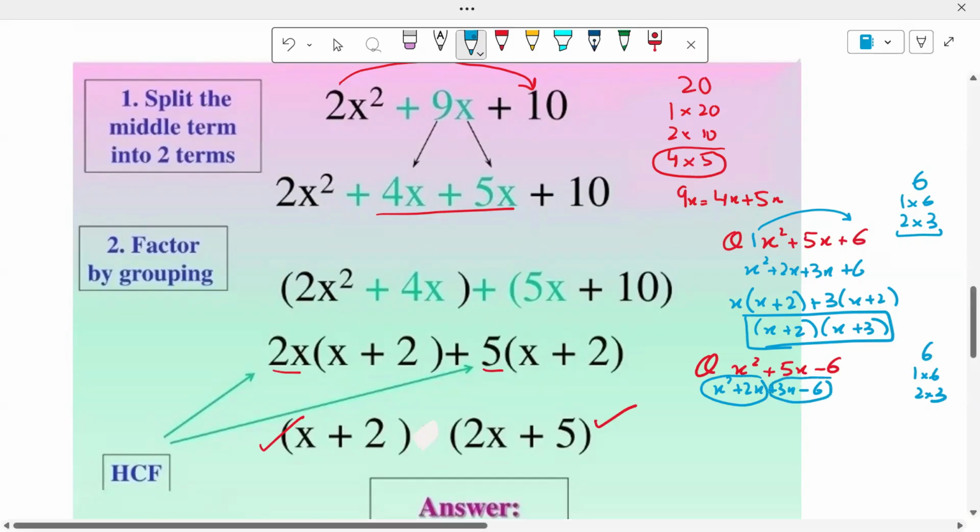So eventually we will not have the same brackets as in the previous example. So it means the selection of this is incorrect. We should select this one. So we can take x square plus 6x minus 1x minus 6. Now taking common x, we are done with the correct factorization.